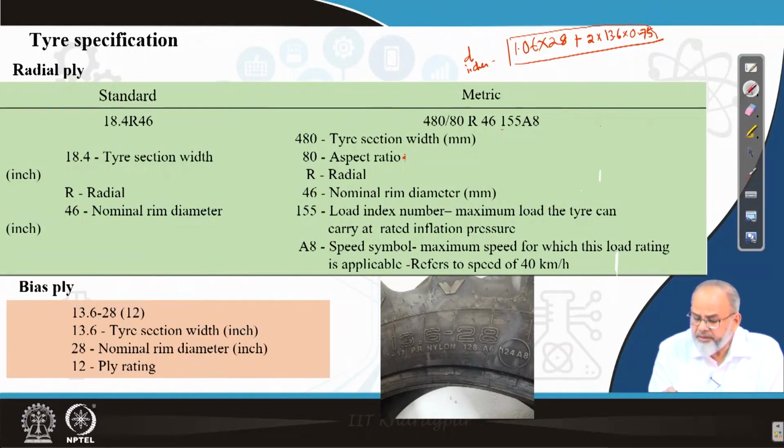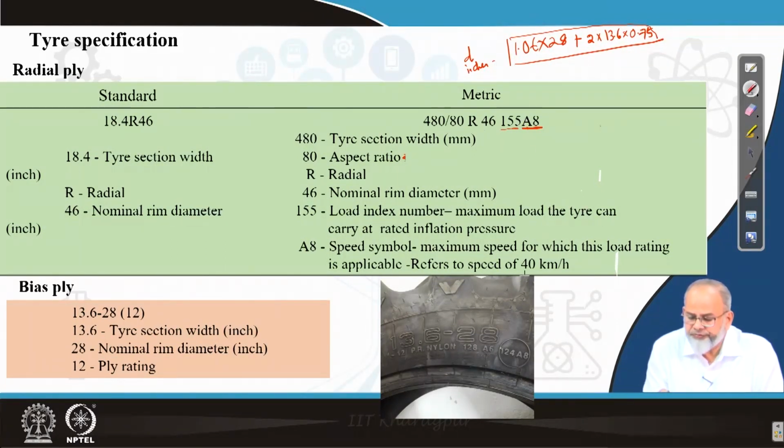And the number 155, that represents load index. That means it is a load index number which represents maximum load the tire can carry at the rated inflation pressure. And A8, this is a symbol for speed, which indicates the maximum speed for which the load rating is applicable.